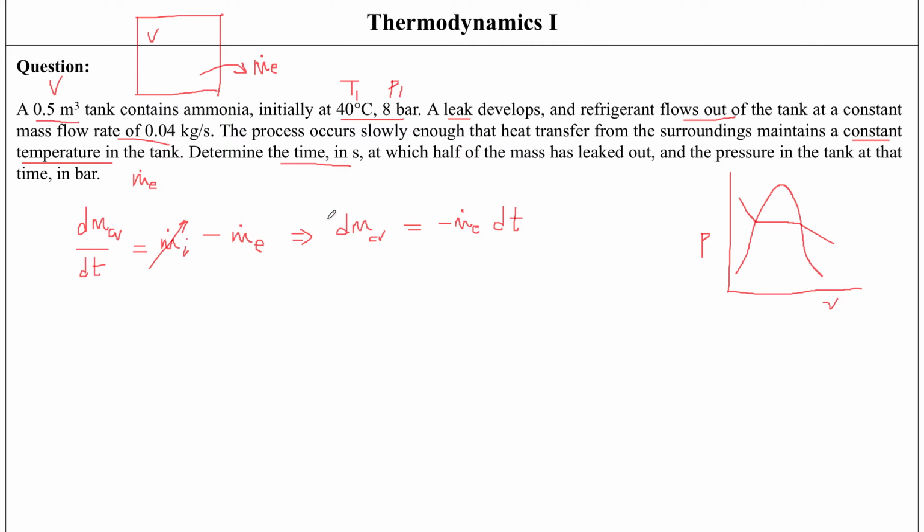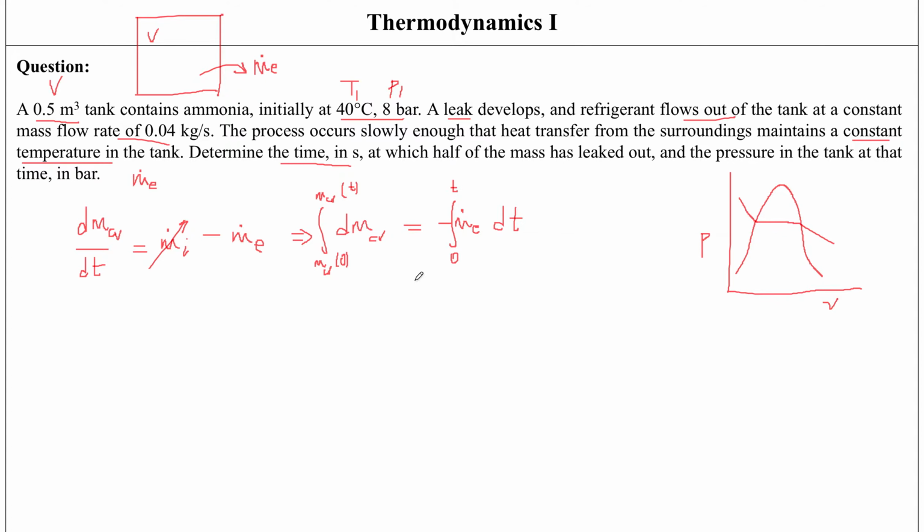And now I can apply an integral on both sides. It's going to be from the mass of the control volume at time 0 to the mass of the control volume at some time t, and we need to determine that. And over here, it's going to be again from time 0 until t.